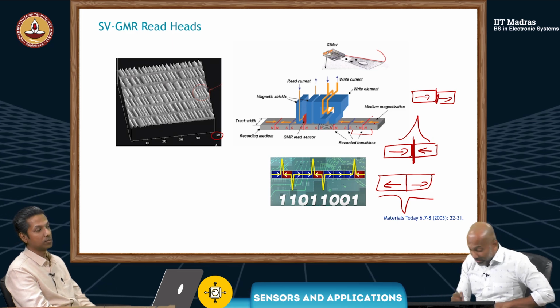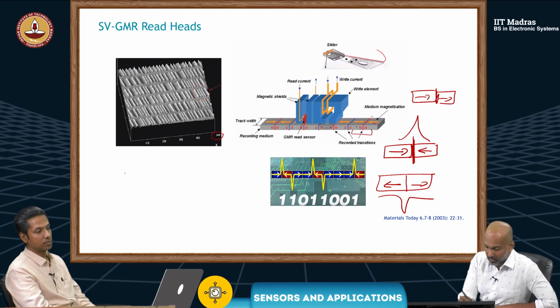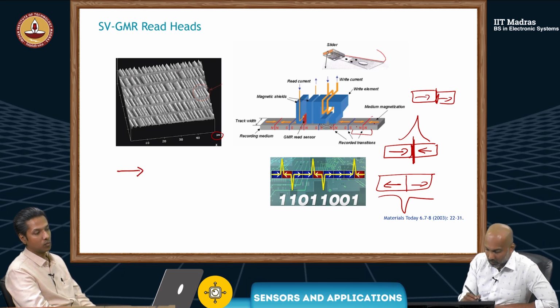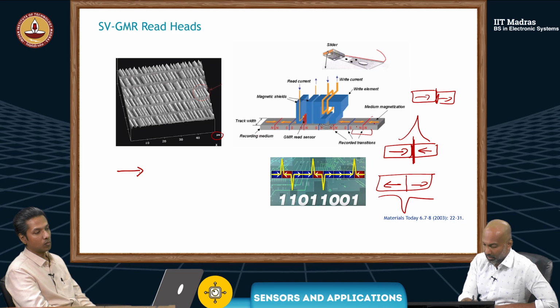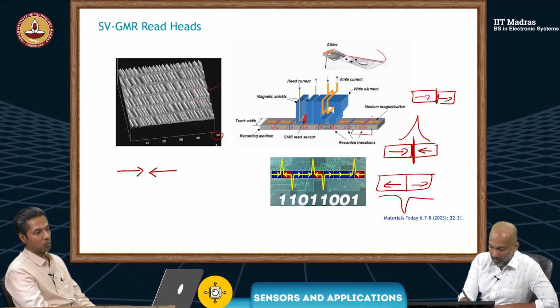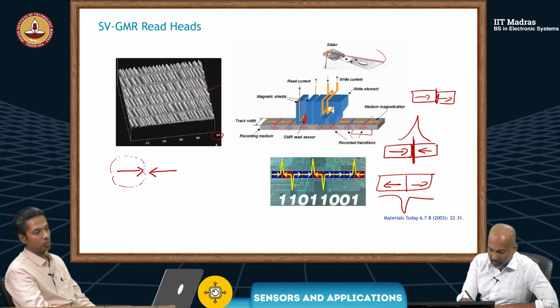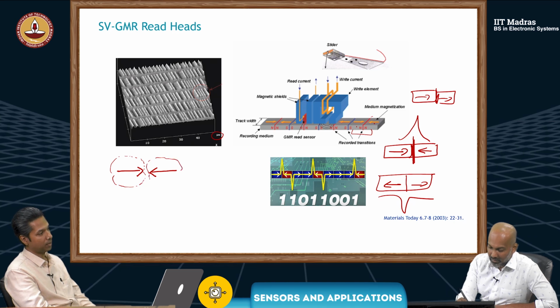But how does that happen? That's also very interesting. Because if you look at, let's say you have one bit like this and another bit this way. Now their stray fields are going to be like this, correct? At the center, it will be adding.